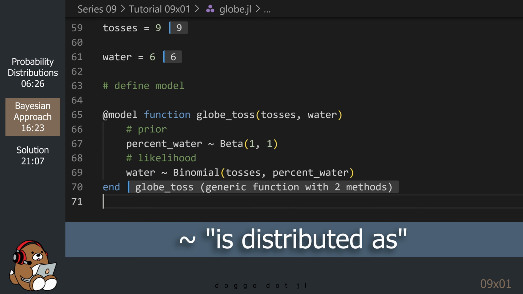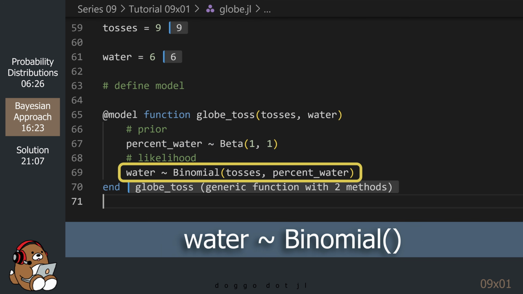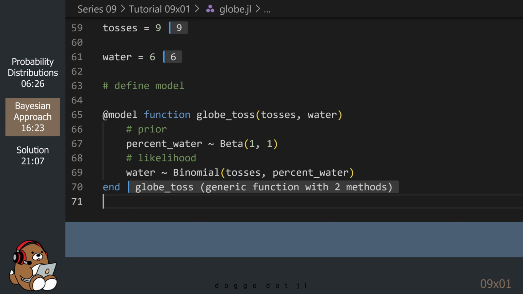The tilde character is used in statistics and probability theory to mean is distributed as. So the variable named %_water is distributed as a beta distribution. And the variable named water is distributed as a binomial distribution. We saw both the beta distribution and the binomial distribution in the Pluto notebook. We'll go into more details about the terminology and syntax in the next tutorial.